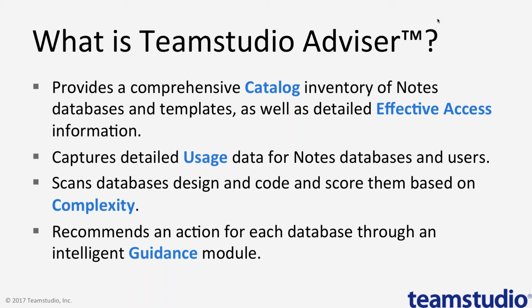So you can define or manually enter the business value as you see it for a particular application in your organization, and we'll combine all of those different metrics and then project a path forward for each individual database: retire, archive, modernize, etc. And that's a really exciting conclusion to this whole product. So it gathers a bunch of great admin-related statistics, which you can look at on a daily basis, and that's great. But there's also some actionable data with the guidance module.